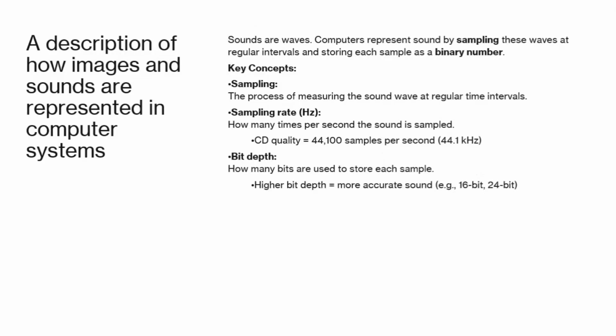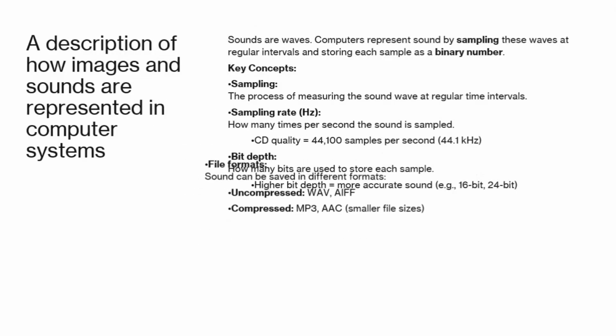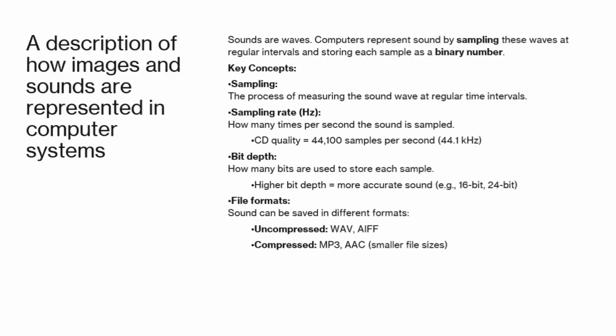The bit depth is how many bits are used to store each sample. Higher bit depth is equal to more accurate sound. For example, we have 16-bit and 24-bit. The next one is file formats.